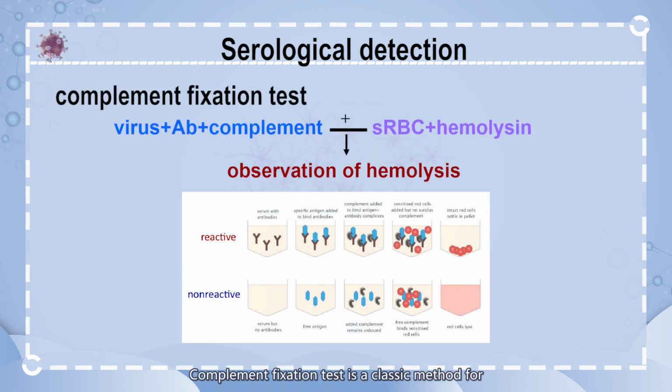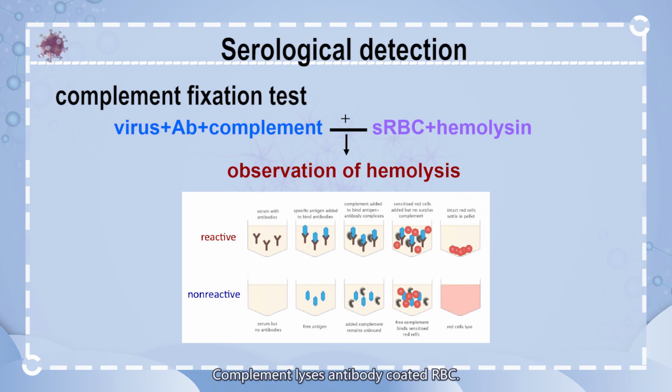Complement fixation test is a classic method for demonstrating the presence of antibody in patient's serum. It's based on the principle that antigen-antibody complex fixes the complement. As the fixation of complement has no visible effects or changes, it's necessary to use an indicator system consisting of sheep red blood cells coated with anti-sheep red blood cell antibody.